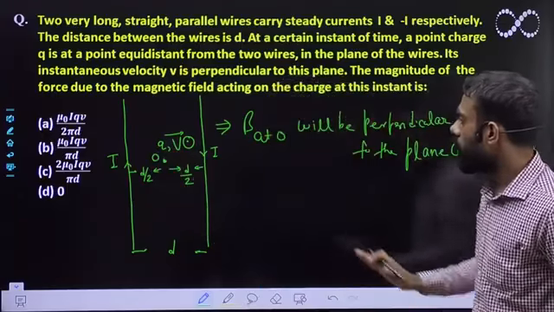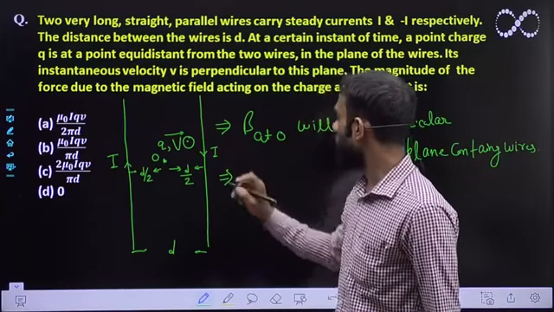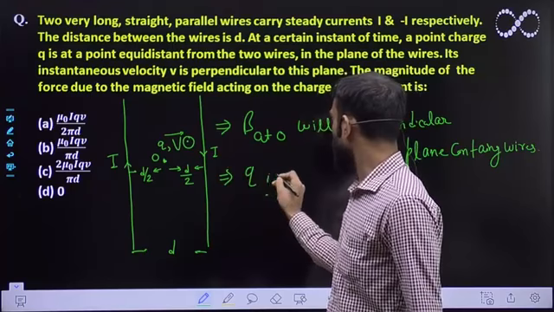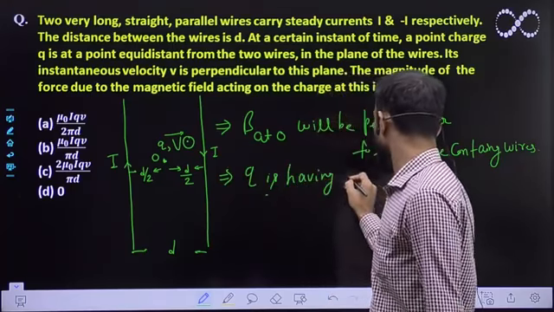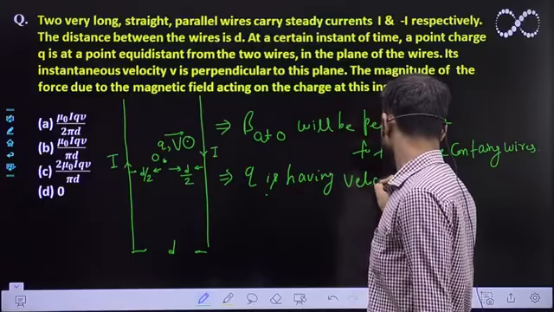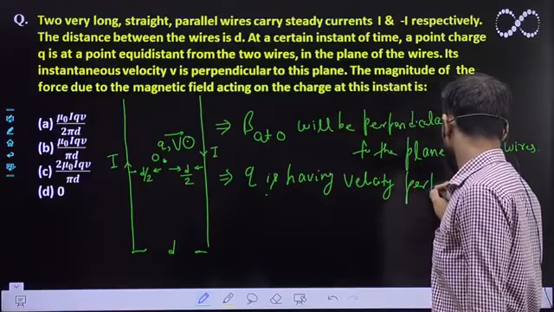Now it is given in the question that q has velocity perpendicular to the plane.